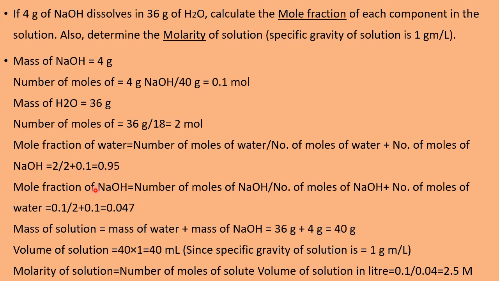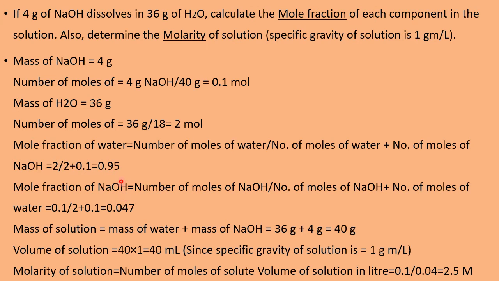So mole fraction of NaOH equals number of moles of NaOH by total number of moles. Number of moles of NaOH is 0.1. So 0.1 by this gives you 0.047. Together approximately equal to 1, or it has to be equal to 1 only, right?